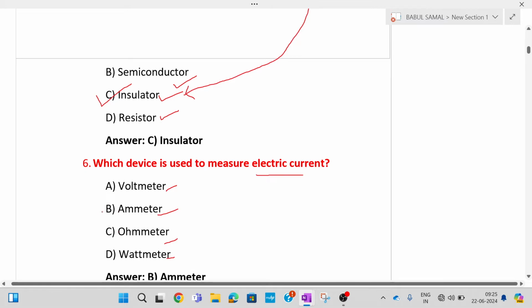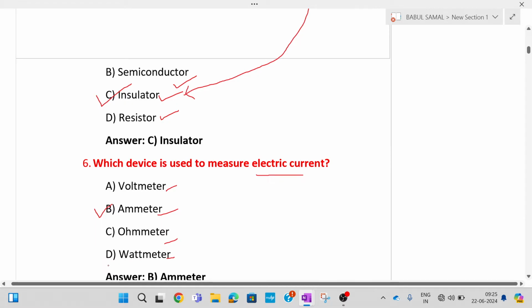So the correct answer for this question is ammeter. Ammeter is used to measure electric current, whereas to measure potential difference, we will use a voltmeter. If you want to measure the resistance of the circuit, then we will have to use an ohm meter. And for power in a circuit, we have to use a watt meter.